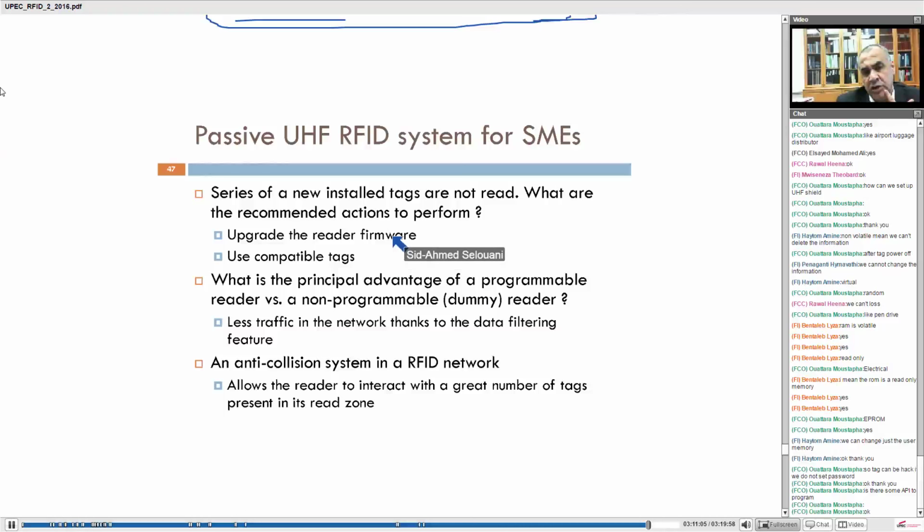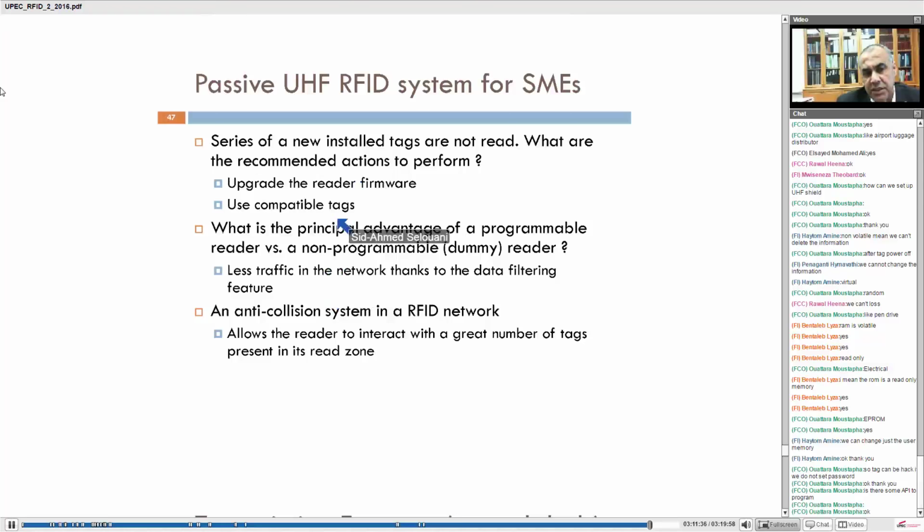Here there is a new situation, a case. A series of newly installed tags are not read. So you renew your stock of tags, and then you notice that there are no readings. What are the recommended actions to do? The action is to upgrade the reader firmware, because certainly the firmware of the reader, the operating system of the reader, is obsolete, so it's not up to date.